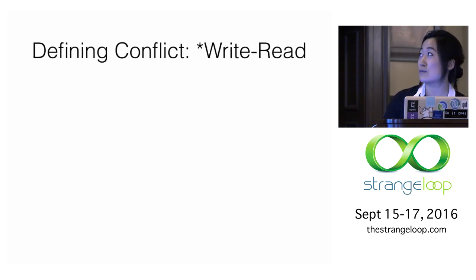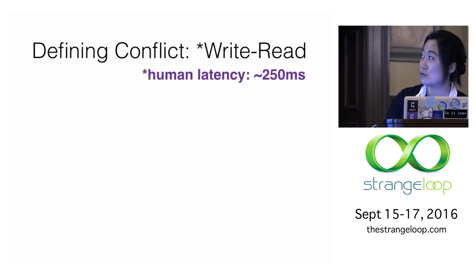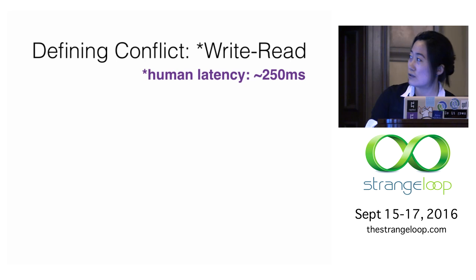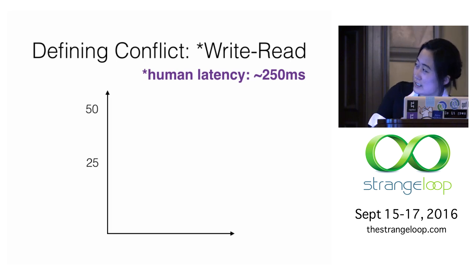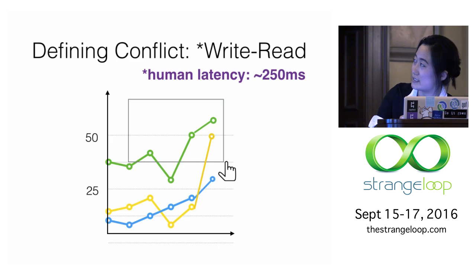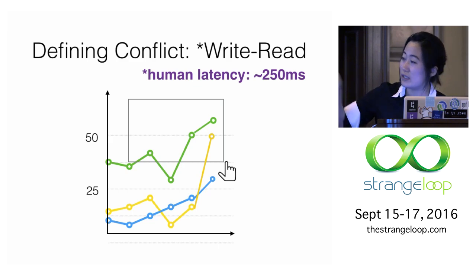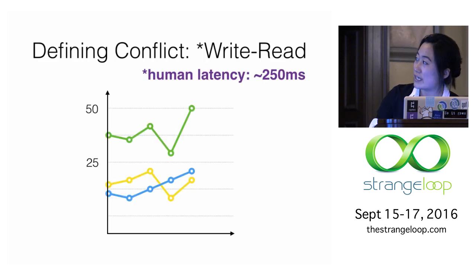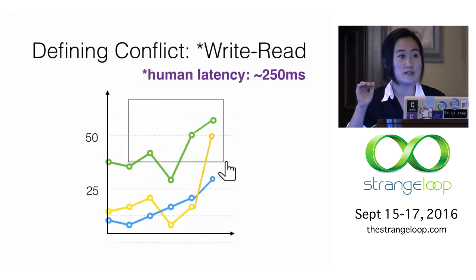The curious case when the human is involved in the loop is that there's a write-read conflict due to human latency. Let's take a close look at this example where, as the user was interacting, the data has been updated. So there was a write immediately before the read.